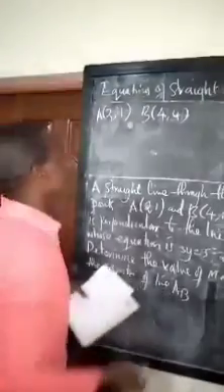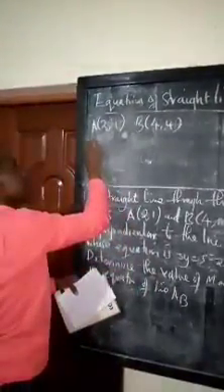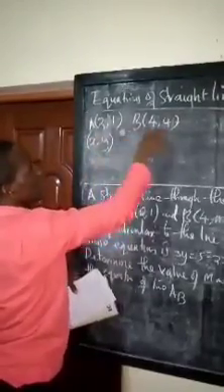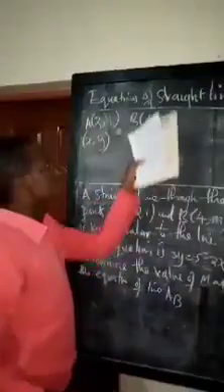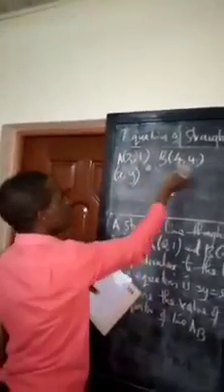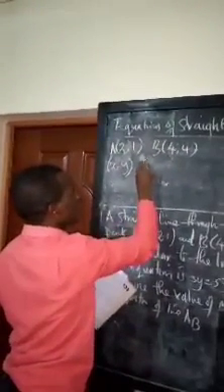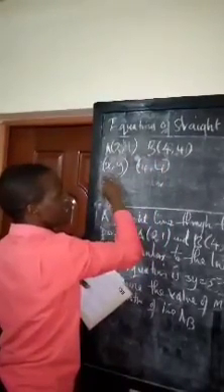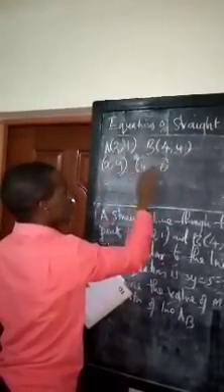Finding the equation of this line AB, we can assume another value, which is a general point (x, y). Then we use either of the coordinates, B or A, whichever we want. In our case, we can use B, which is (4, 4). And again, this is a general point.